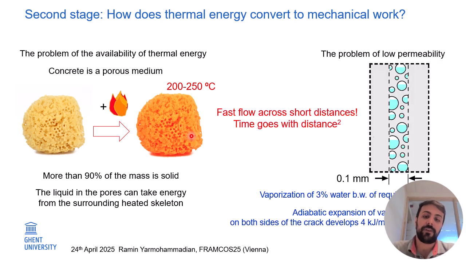And if we imagine just 3% of water vaporized in this process, we are going to have 4 kilojoule per square meter, which is enough for the spalling. So in conclusion, we just need a very superficial layer of concrete engaged in water evaporation, this conversion from thermal energy to mechanical work.